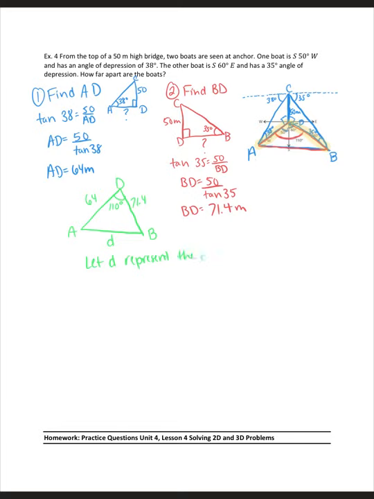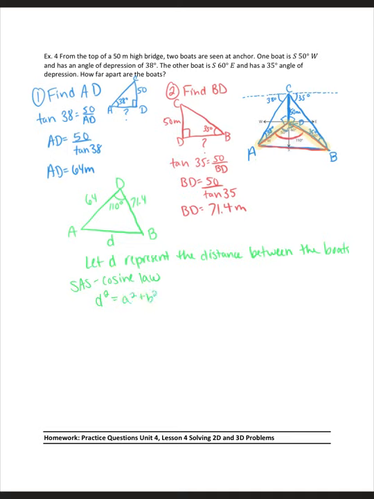So let's let d represent the distance between the boats. In this triangle, we have side, angle, side. So we're going to use our cosine law. Our cosine law for this one, we're working to find side length d. So the setup would be d squared equals a squared plus b squared.